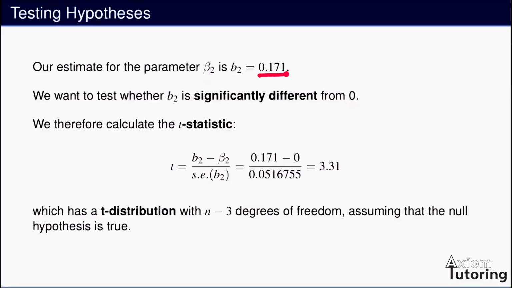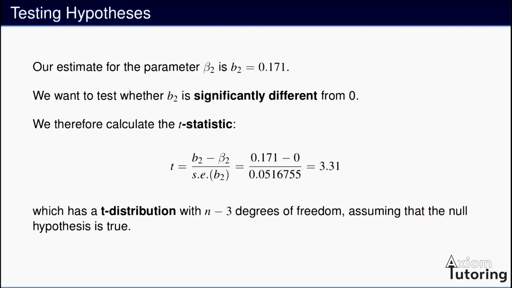But remember that this is just the value that we got from one sample. If we had gotten a different sample, we would have gotten a slightly different B2. And we want to know whether it's compatible with the null hypothesis that the true beta 2 is equal to 0. Do we have enough evidence to say that actually beta 2 must be different from 0?